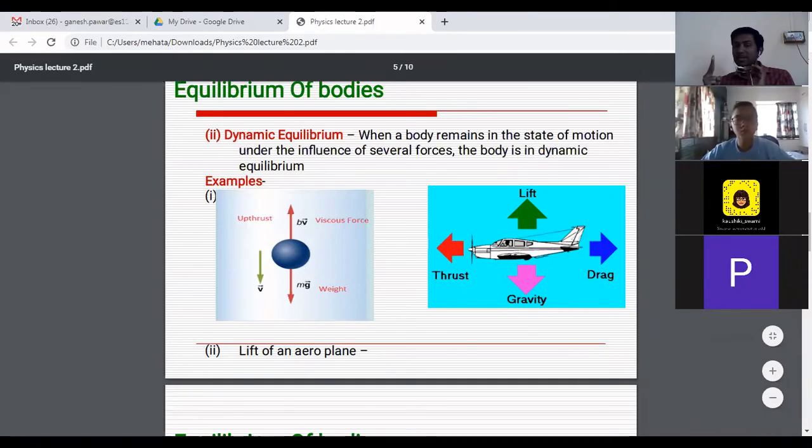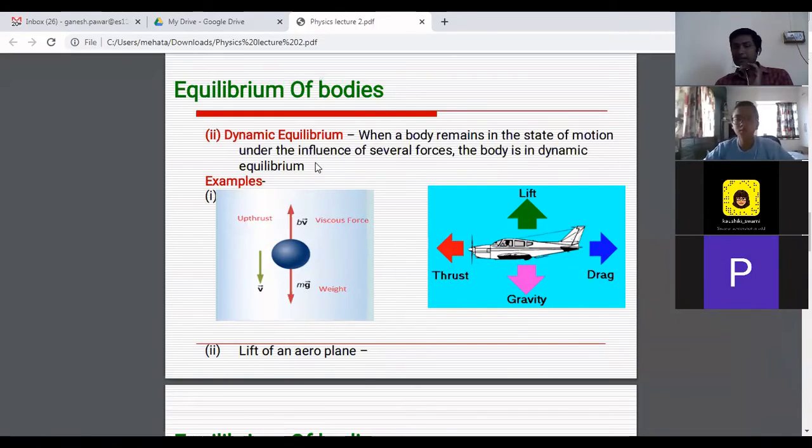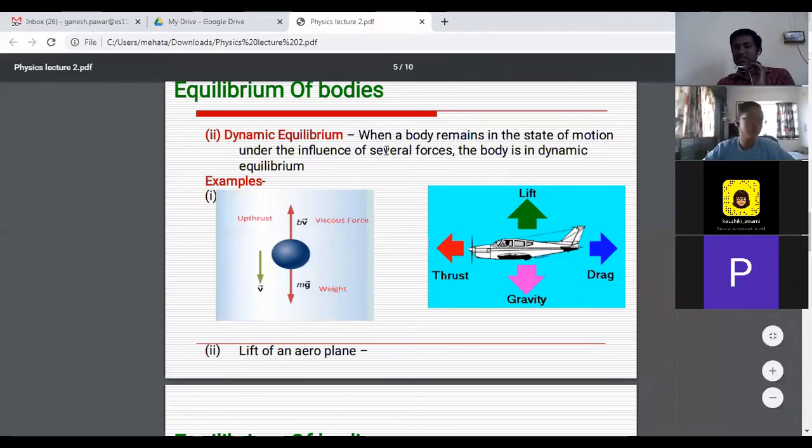In both cases, under the action of a number of forces, the body is in a state of uniform linear motion or uniform rotational motion. In that case, the body is in a dynamic equilibrium. Clear?